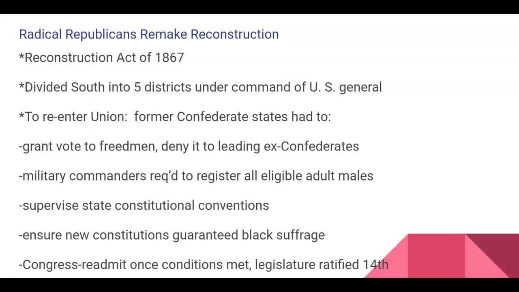They start putting it all back the way it was before. And that's how you get Jim Crow set up for the last 2 decades of the 19th century. But during this period, between 1867-ish and about 1875, you had over 2,000 African American elected officials. So there were many, many, many thousands of registered voters who were African Americans during this period.